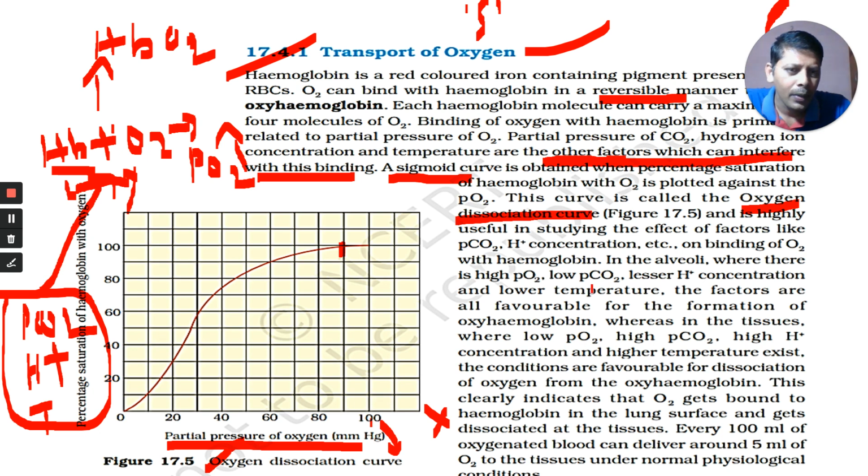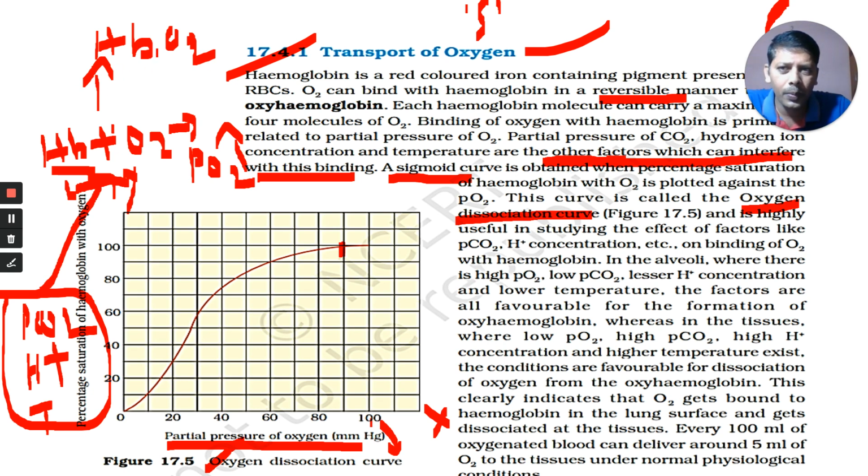And here PCO2 is less. PCO2 in our lungs is 40 mmHg. And lesser H plus concentration, that means high pH, and lower temperature are present. These are the conditions that prevail at our alveoli. All these factors are favorable for the formation of oxyhemoglobin.